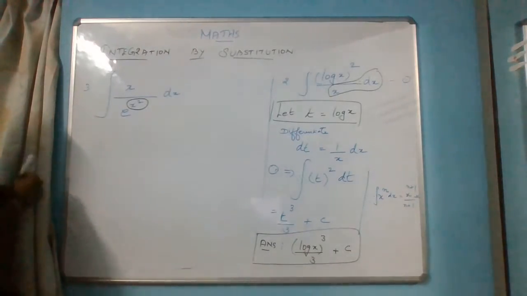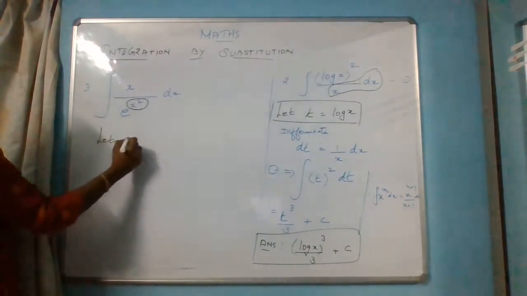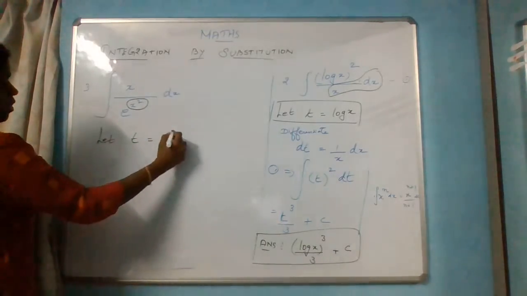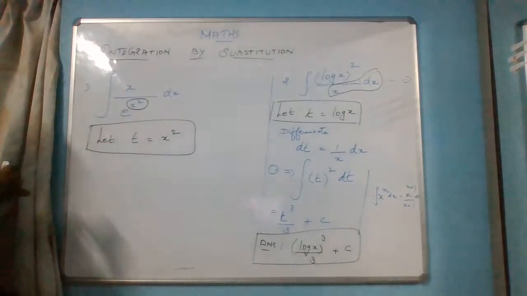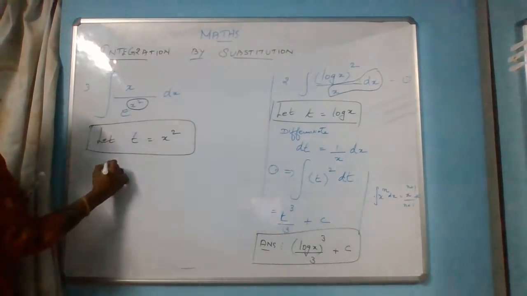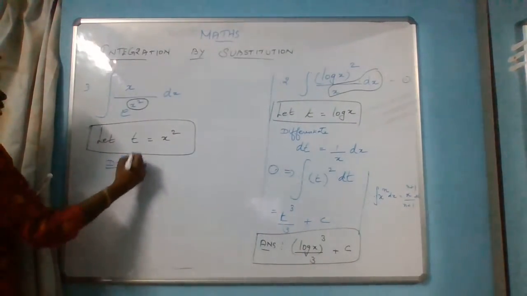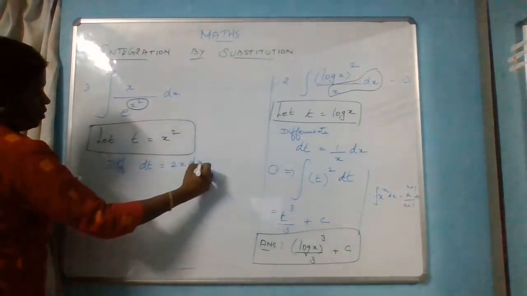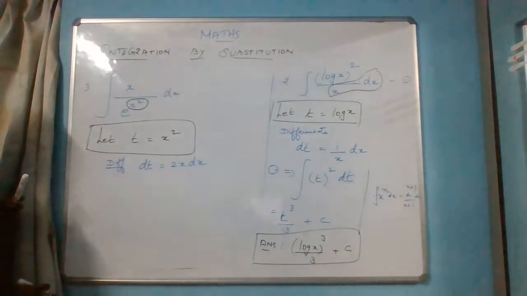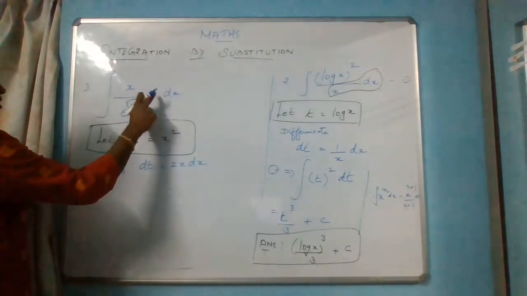So let t is equal to x squared. So when I take t is equal to x squared, what am I going to get when I differentiate? dt is equal to 2x into dx. But you have to see the problem also.